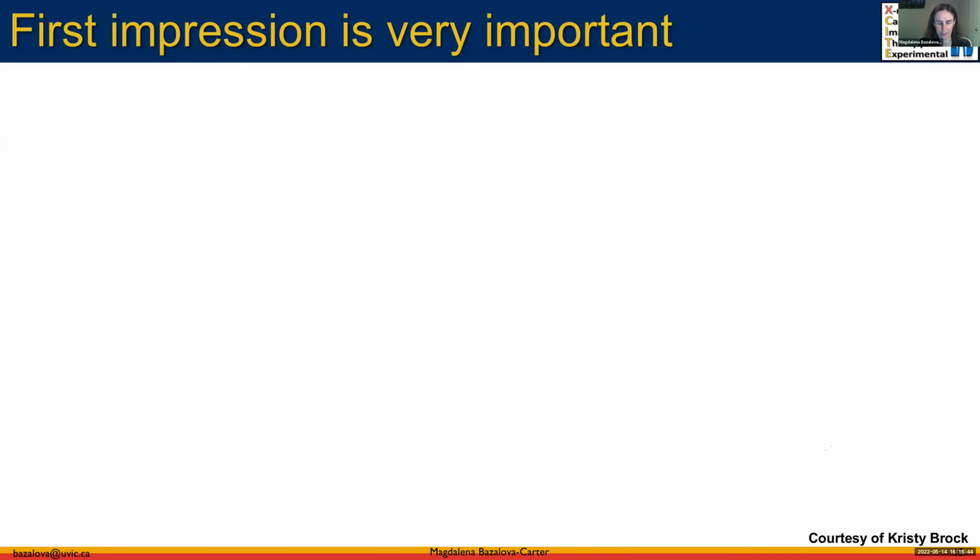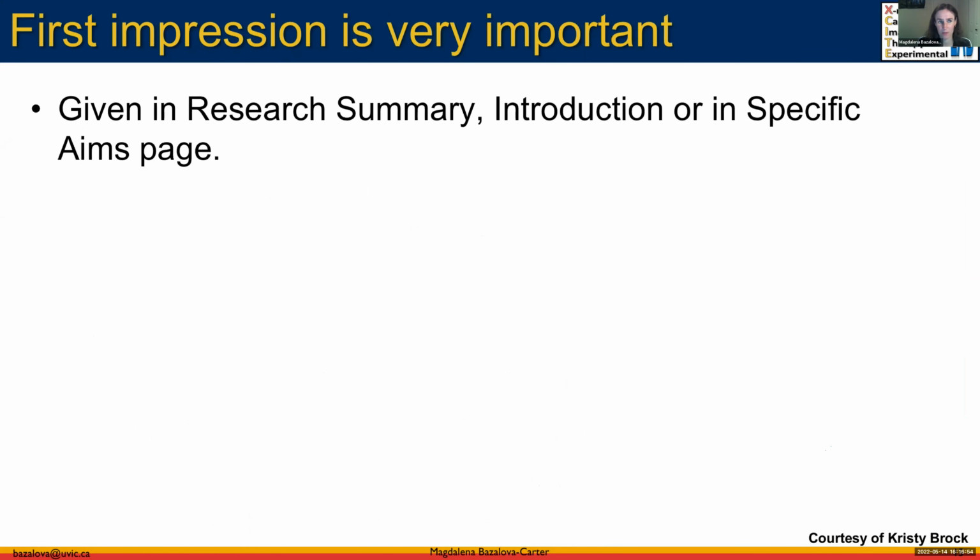And this is an important slide as well. Know that the first impression of your grant is very important. This is especially true for NIH grants. The first impression is given, for example, in your research summary, in your introduction section, or in your specific aims page. And that's the important one in NIH, the specific aims page. It's basically a page that describes a little bit of the introduction, why you are doing it, perhaps a little bit of the innovation, some of the steps, and what the goals of your proposal are.